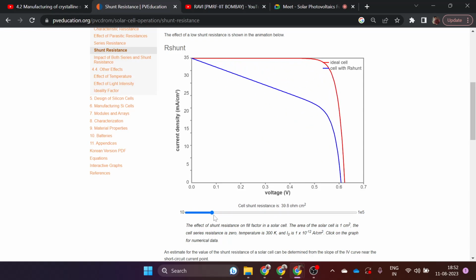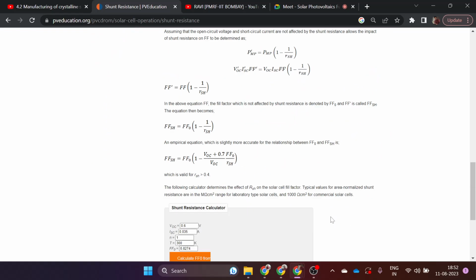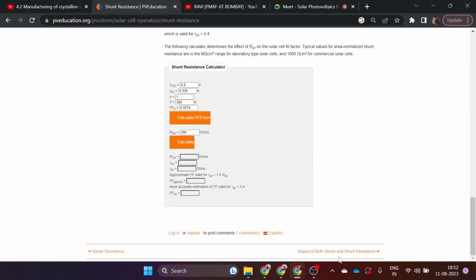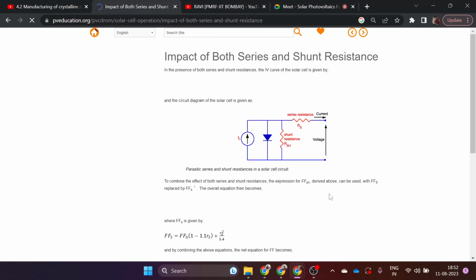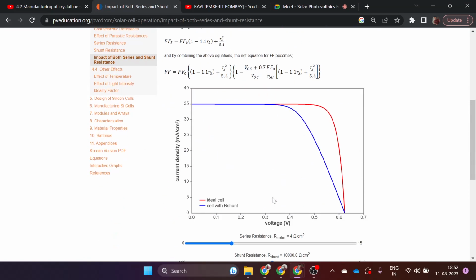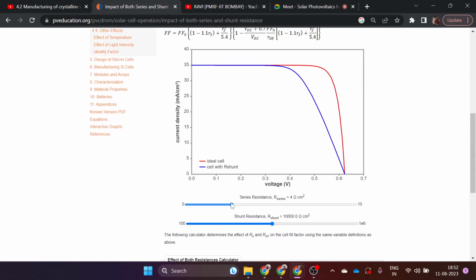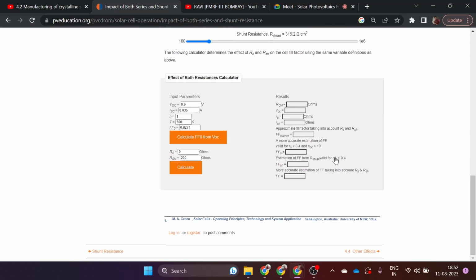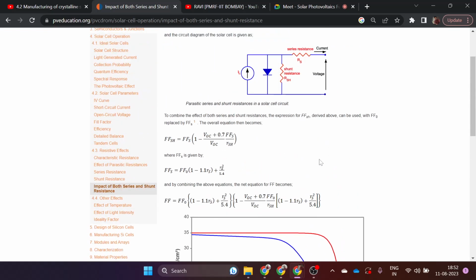Okay, so based on this, and then we have the impact of both. We can change both here. This is series resistance and this is shunt resistance. So we can change both here. Okay, it was all about this.